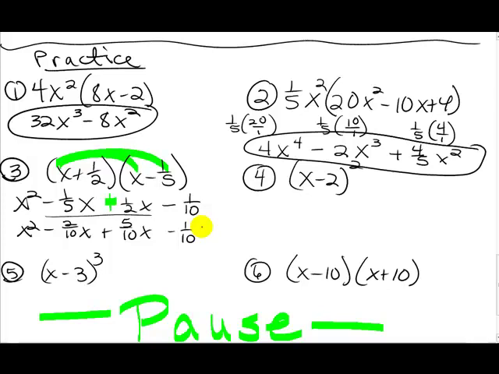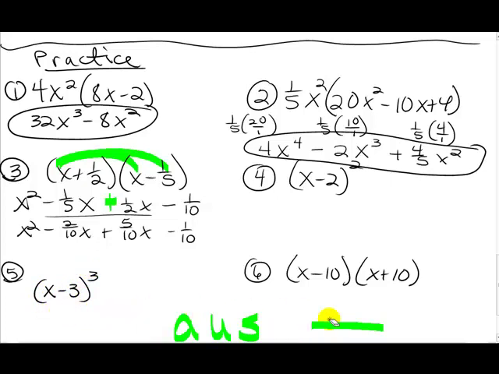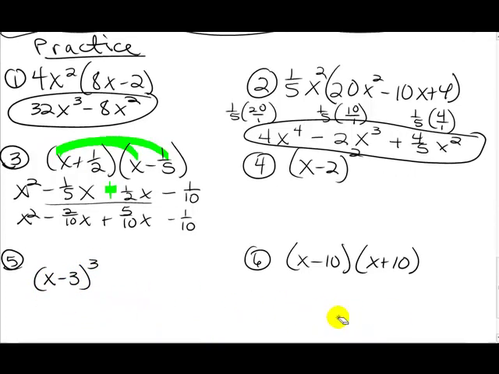So let me see. I'm going to move this down a bit. Go ahead and erase this. Alright, so now it's x squared plus 3/10 x minus 1/10.